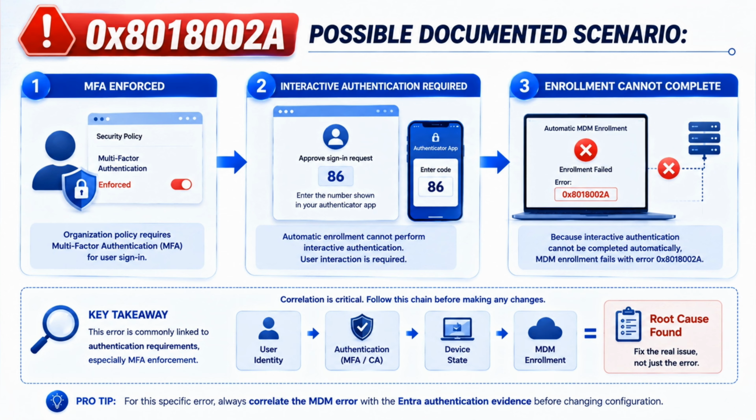The Windows MDM log can report 0x8018002A, while the Microsoft Entra ID operational log can show an interaction required condition and AADSTS5D076 indicating that additional multi-factor authentication is required. This is an important clue because the enrollment process is attempting to use the logged in user's credentials without being able to complete the interactive MFA requirement. That gives us a specific authentication path to investigate.